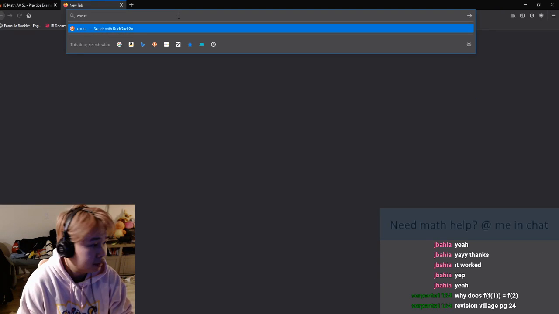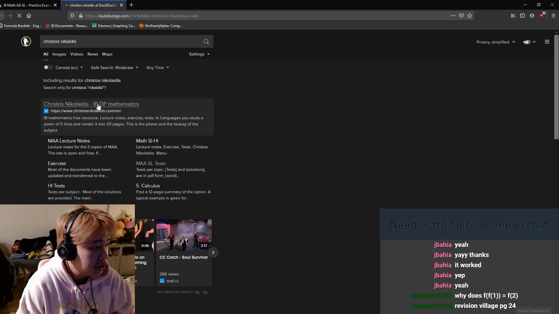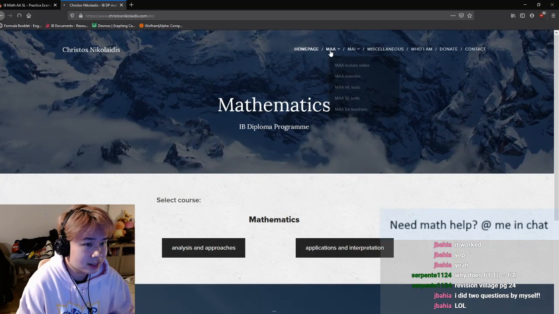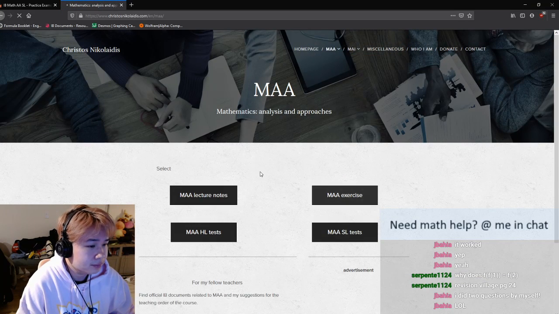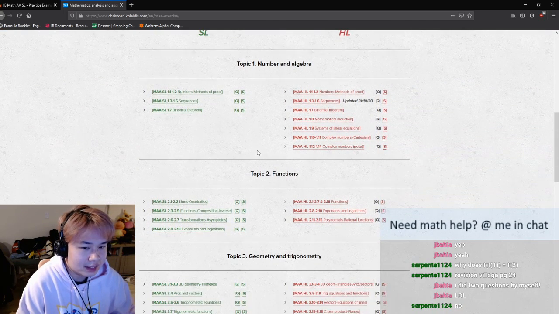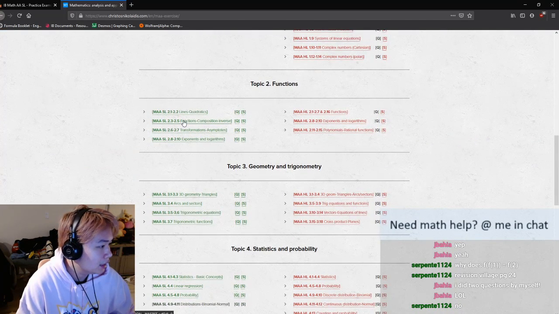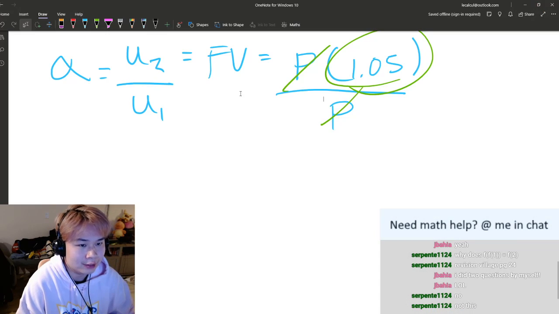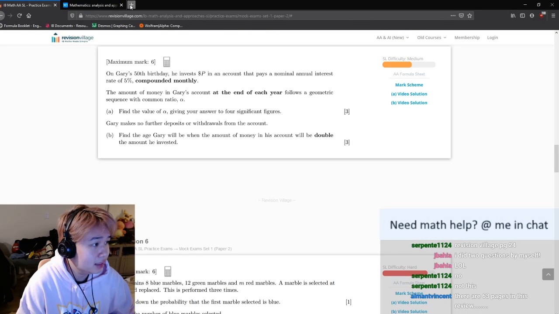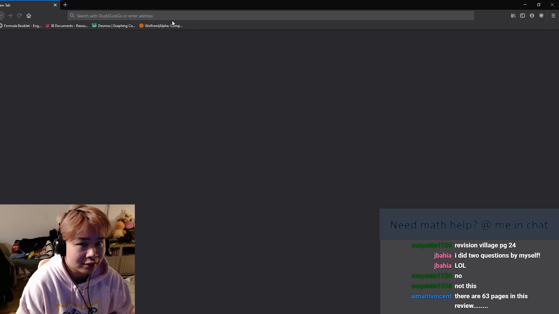Okay, so my student is asking for some help. So let's go search up what I gave them for work. Oh, congrats, two questions. So wait, this is function notation, right? Not this? Oh, RevisionVillage page 24, right, okay. That means I need to log into RevisionVillage.